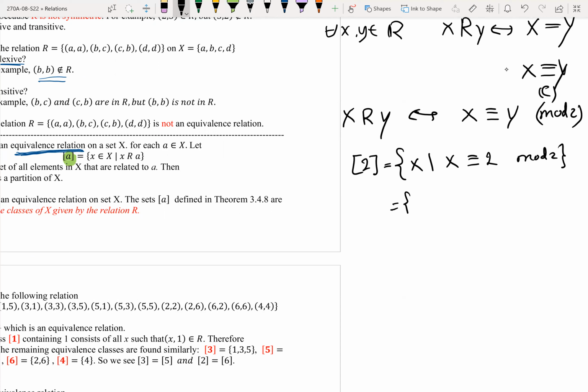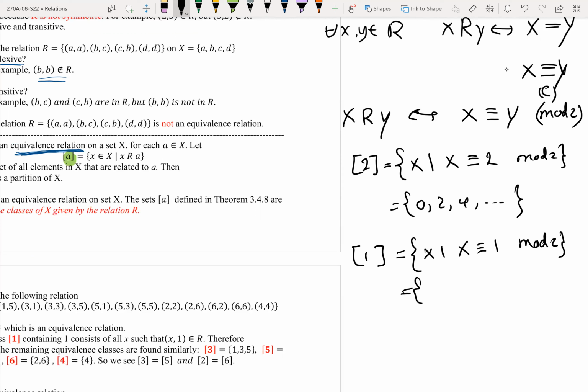What are they? All even numbers, right? And then if you say class of 1, it's the set of all X's which have remainder 1 in mod 2, which is the set of all odd numbers, right? And so on. When we have modulus, then classes make sense.